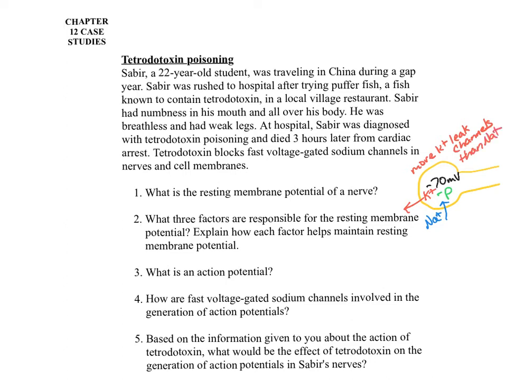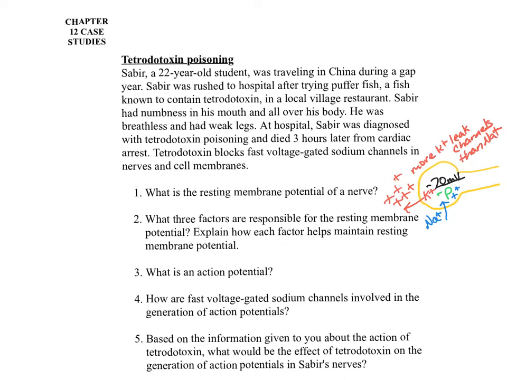So what this tells us is that there's more positive charges coming out than there are positive charges coming in. And so in comparison, there's going to be more positive charges outside the cell, making the inside of the cell more negative. That brings us to this negative 70 millivolts. So those are the three factors.